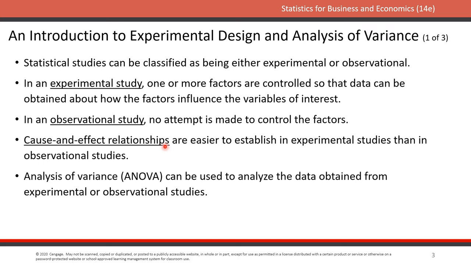Now, analysis of variance is an analysis type, so it's kind of weird to talk about this in the same context as experimental design. The reason we do so is because analysis of variance looks at different groups and analyzes the different groups in their continuous outcome. So for analysis of variance, think like a t-test.